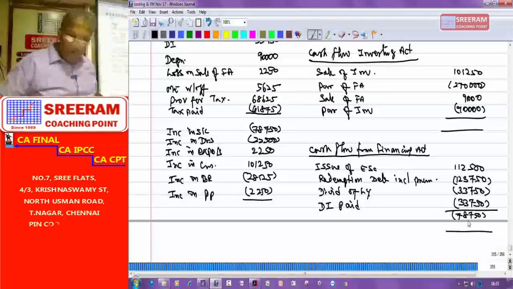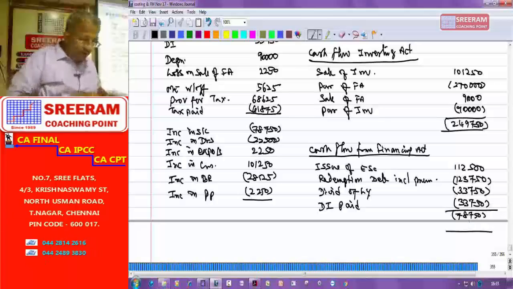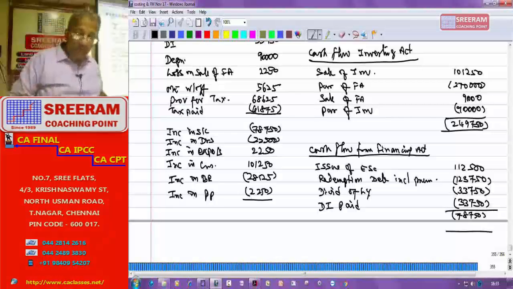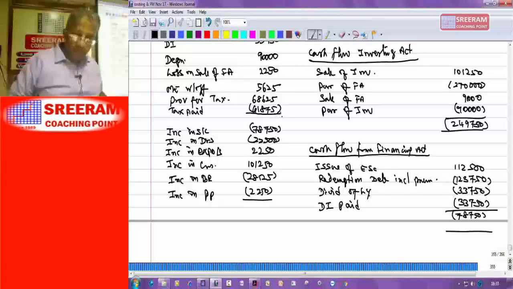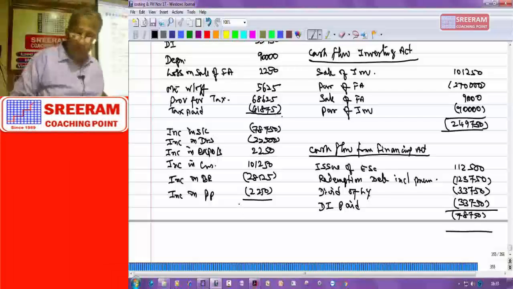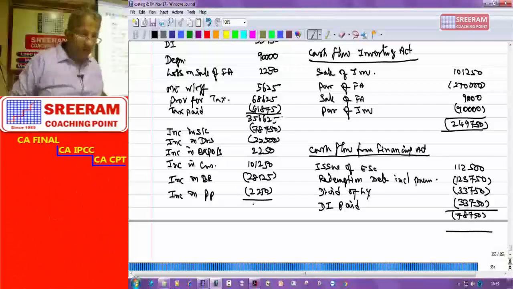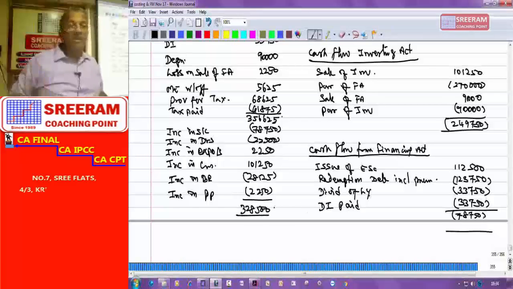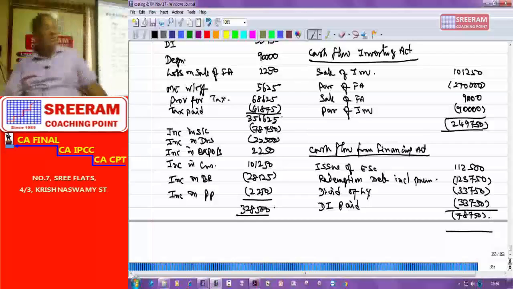So 249,750 within brackets plus 78,750. How much is that? This total, tell me the subtotal. Subtotal 328,500. If you add these two negatives and adjust with 3,28,500, there will be no increase, no decrease in cash and cash equivalents.